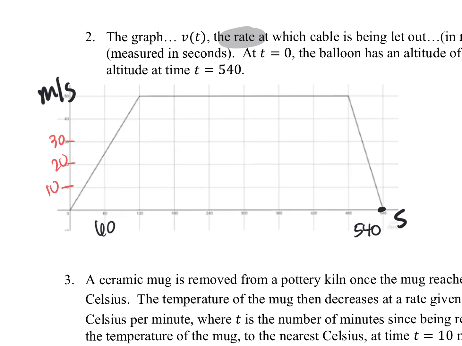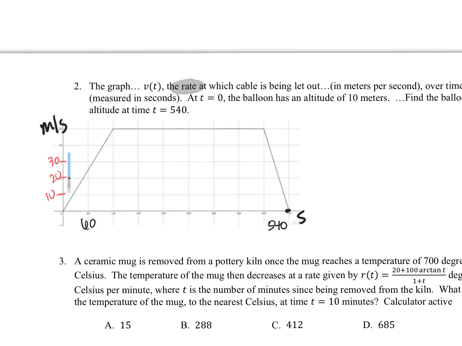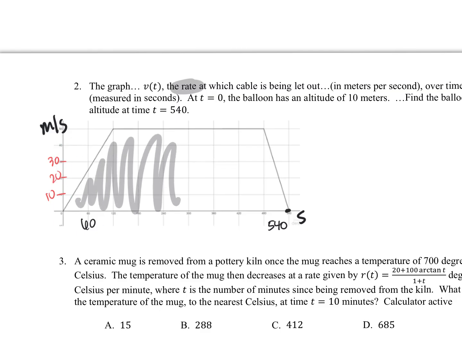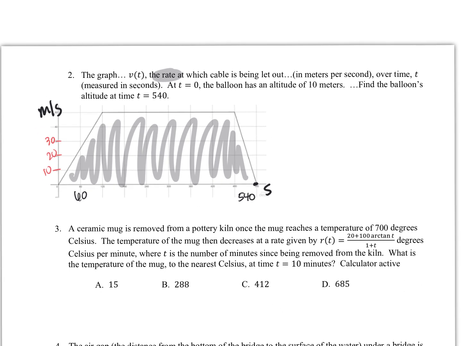Okay. So if this is meters per second up here, and I were to find the area of this trapezoid, let's talk about units before I even put numbers in. Area of a trapezoid is 1/2 the base times the height. What would the base units be?